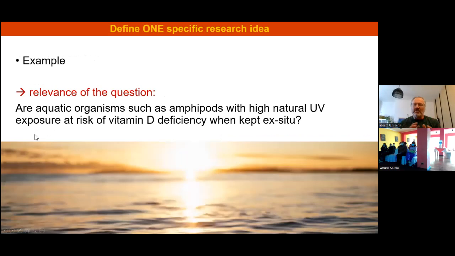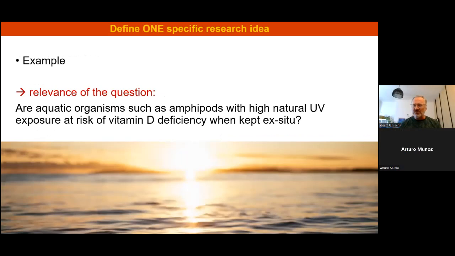When you come up with research plans, it is good to have one specific research idea, and not 2, 3, or 4, but that you can define it into one specific research idea. I give here one example.